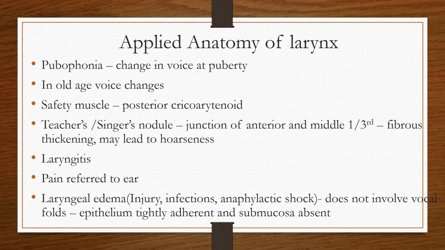Laryngitis is the infection and inflammation of the larynx. The pain of the larynx is often referred to the ear because of the common nerve supply. Laryngeal edema is very dangerous because it will affect respiration, and this usually occurs in anaphylactic shock.